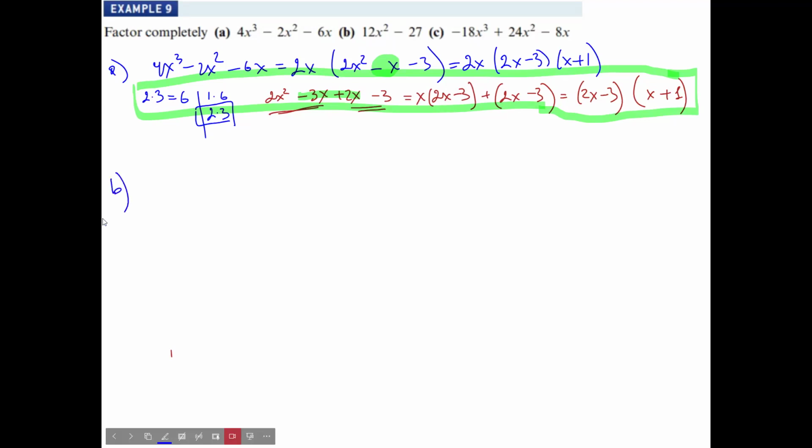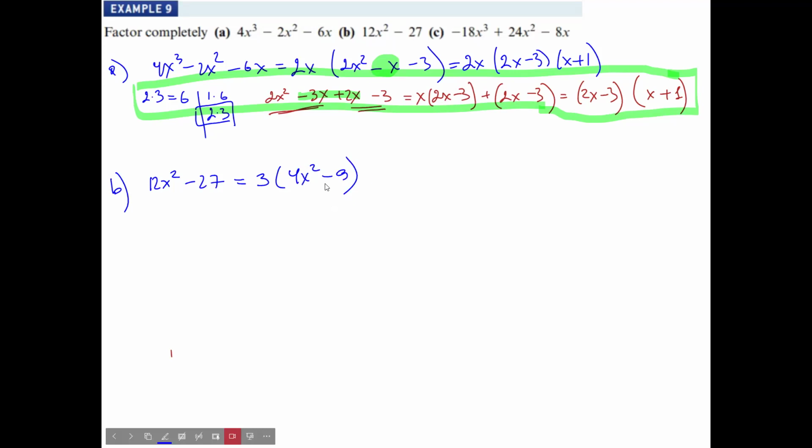Okay, B. 12x squared minus 27. So can we take a common factor outside? Is it 3, for example? That's the only one I can see. So I have 4x squared minus 9. Yes?